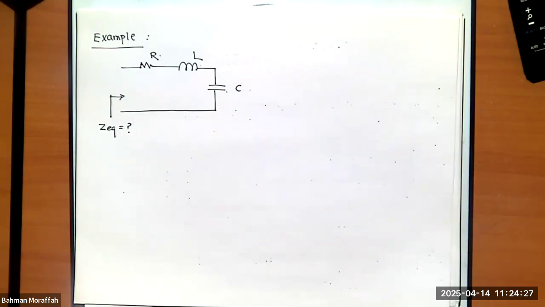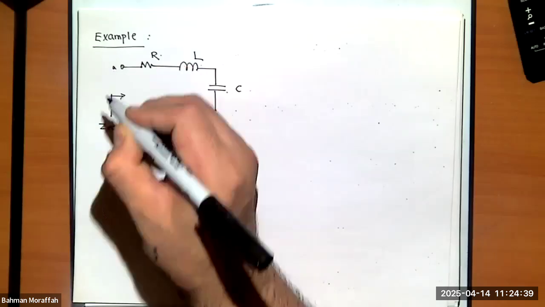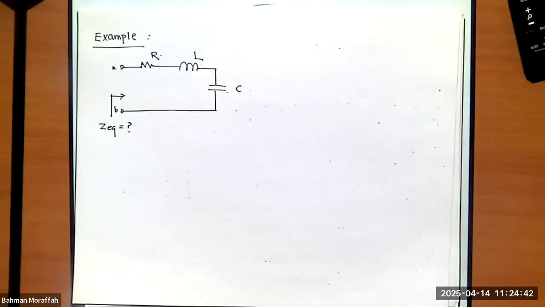Why is that? Do you remember how we find resistance in general? If I wanted to find the equivalent resistance between A and B, how do we do it? We find the voltage across A and B, and then we find the current through A and B. Right? How do we divide it?